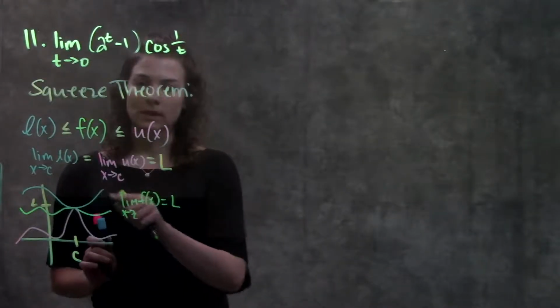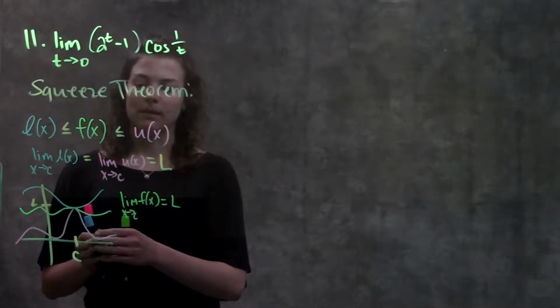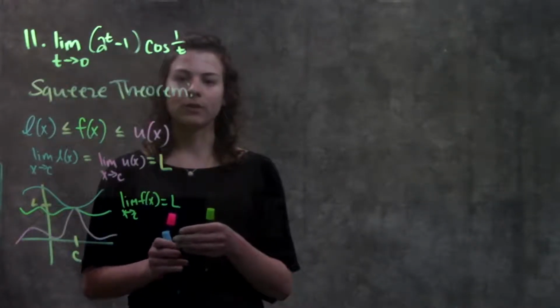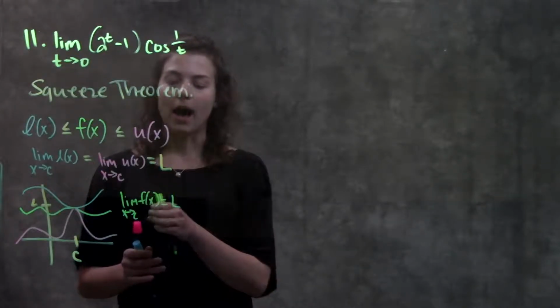Since it's always in between the top and bottom functions, it must also have that same limit if that's where both the top and the bottom functions are going. So this is useful if we weren't able to solve for the limit as x approaches c directly of f of x.